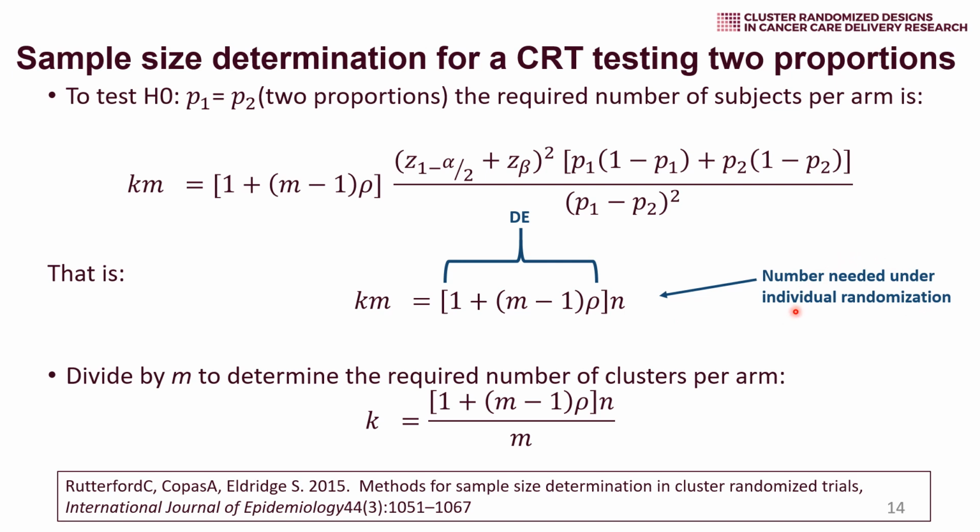And again, if we're interested in determining the required number of clusters, we just divide the whole thing by m. So the required number of clusters k is equal to the design effect multiplied by the number needed under individual randomization divided by the cluster size.